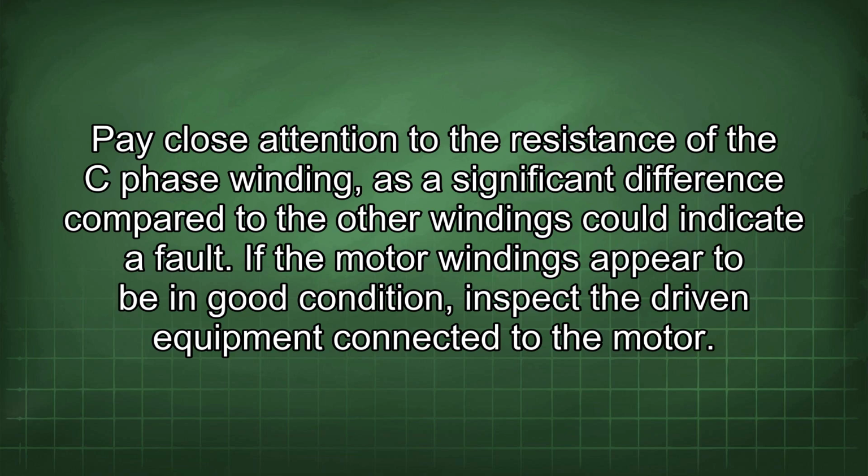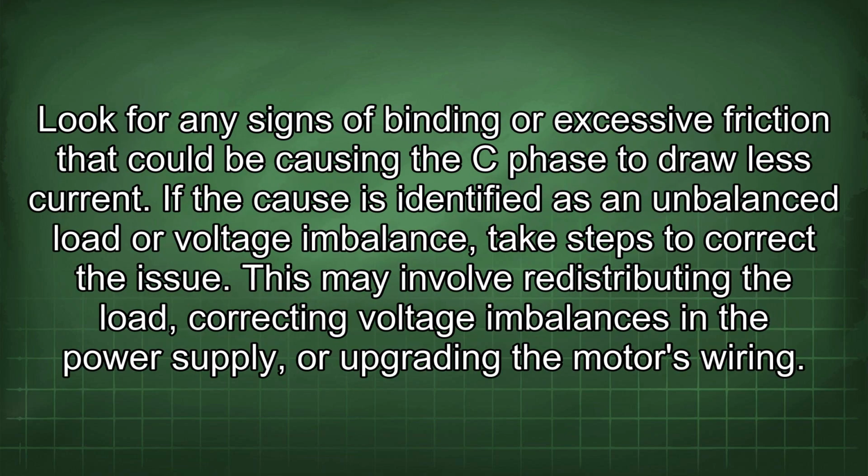Pay close attention to the resistance of the C-phase winding, as a significant difference compared to the other windings could indicate a fault. If the motor windings appear to be in good condition, inspect the driven equipment connected to the motor. Look for any signs of binding or excessive friction that could be causing the C-phase to draw less current.